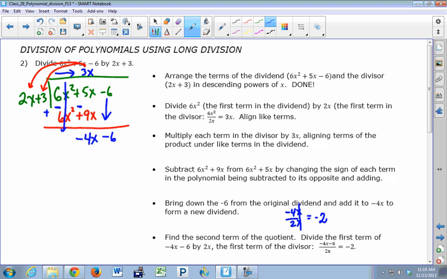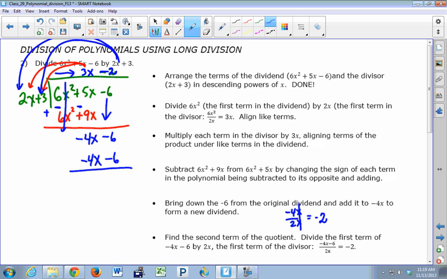So that's a 1s place, so I go up here and I put negative 2 in my ones place, right above my negative 6. And now I start my multiplication. I say negative 2 times 2x is negative 4x, and you have a little smile on your face because those two are exactly the same. And then negative 2 times 3 is a negative 6.